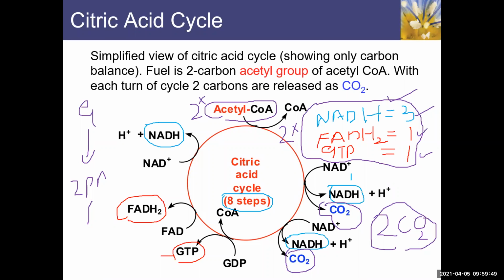Very good. Remember that. So how do we get this carbon dioxide? The carbon dioxide released over here comes from the acetyl group. This will be converted into carbon dioxide. So are we okay about it? Any questions till now?